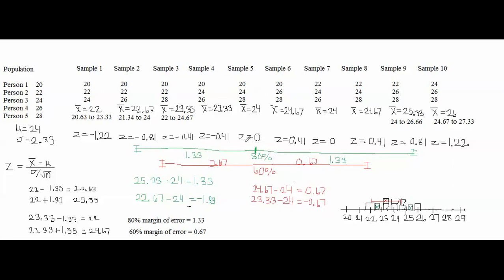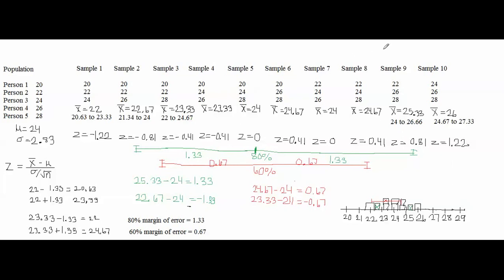And in this direction, it's going down to 22, because when you subtract 1.33 from 23.33, it goes down to 22. So if it's not one of the boundary points, and it's actually between the boundary points inside the middle area, then the margin of error will cross over and go past the population mean.